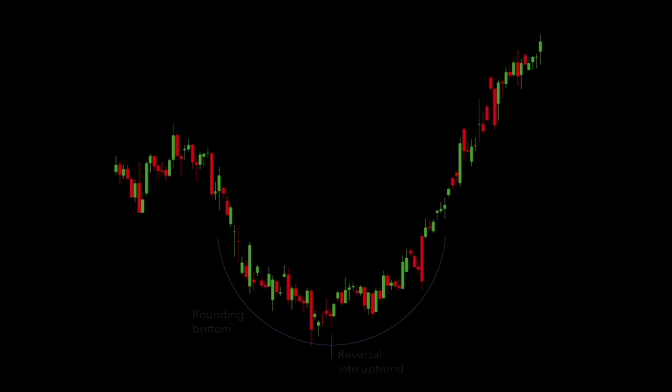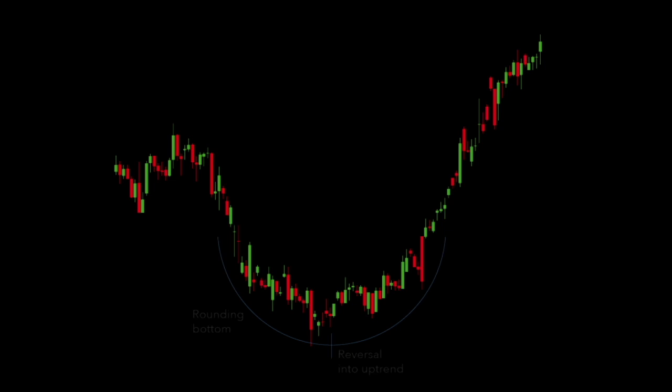So with this one right here, this is a bullish reversal rounding bottom. This would be the case of an asset or pair where the price was in a downtrend, as you see on the left here. Then a rounding bottom has formed, and what that area is showing is kind of like consolidation.